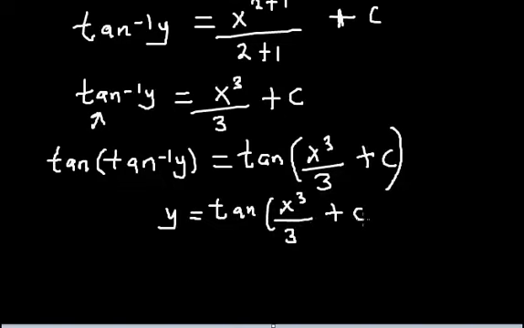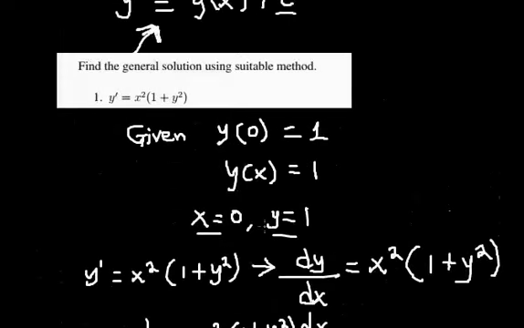Now this is the general solution, but the particular solution is found only if I know my constant. It's just a general solution because I still have this constant c being unknown. So how do I get this constant? By using the initial value problem, y(0) = 1.